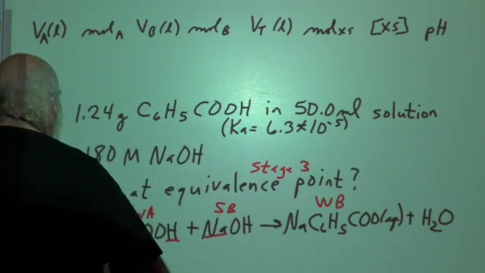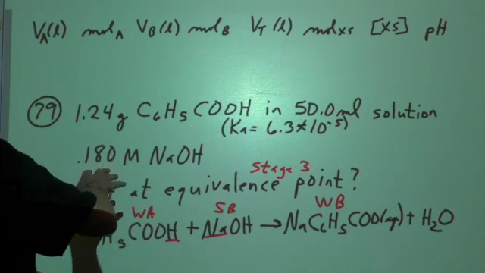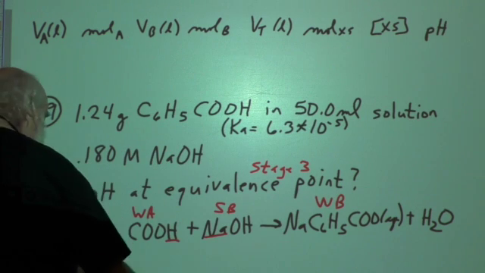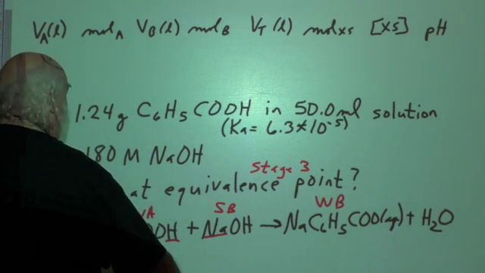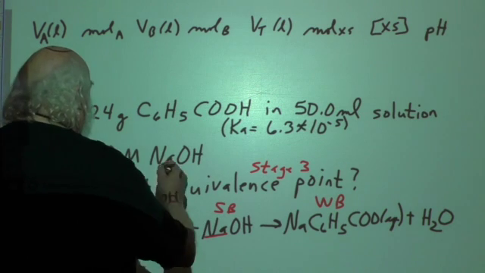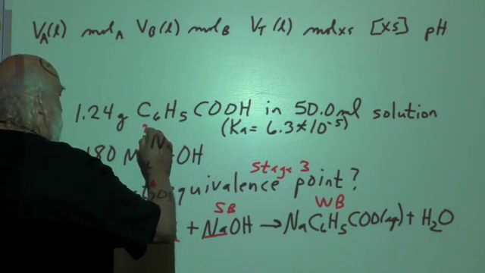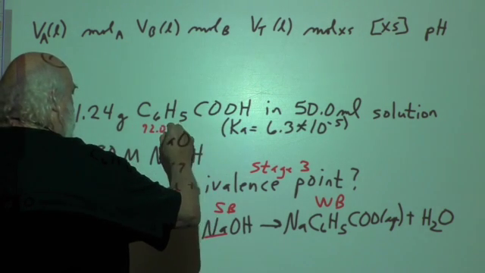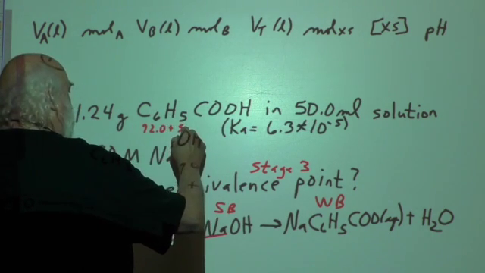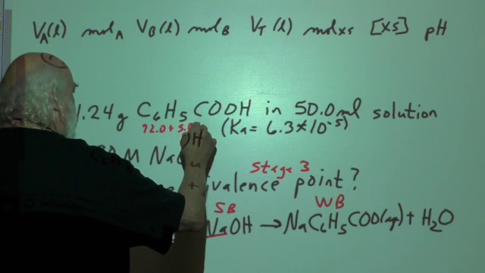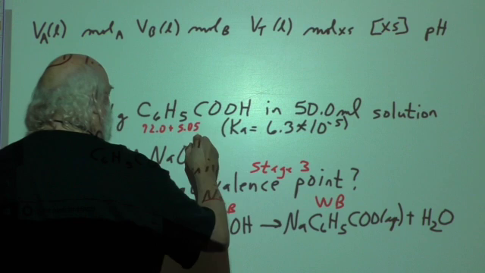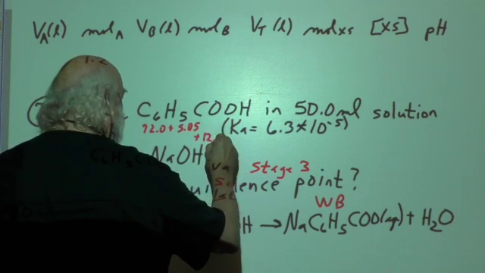Okay, so first of all, we need the moles of acid. This is the acid, so 1.24 grams of C6H5COOH. Well, this is 6 times 12, which is 72.0. Plus 5 times 1.01 is 5.05. Plus this carbon 12.0.